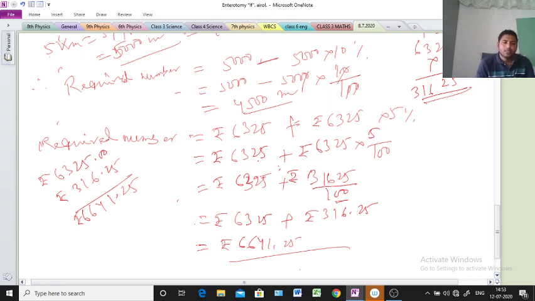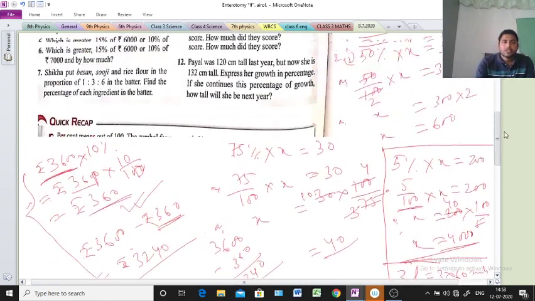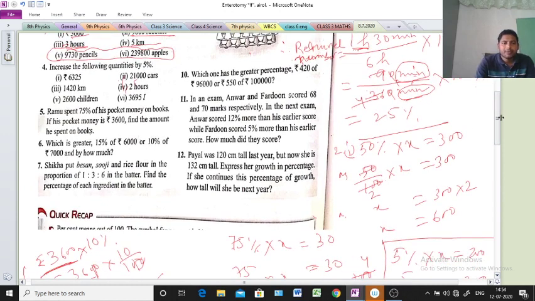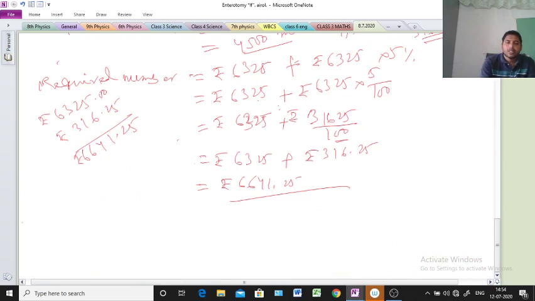Clear everyone? Not hard, but a little conceptual, you should practice it, you should try it. Okay, now the next question says increase the following quantities by 5%. The quantity given is 21,000 cars. Same process, we will only do addition.